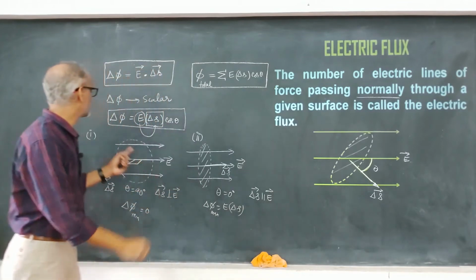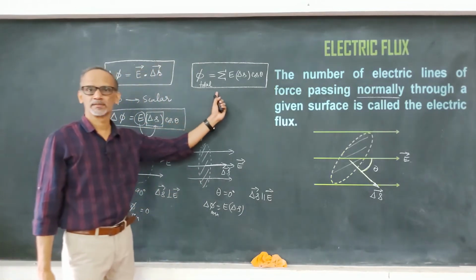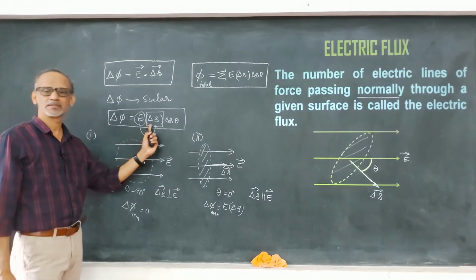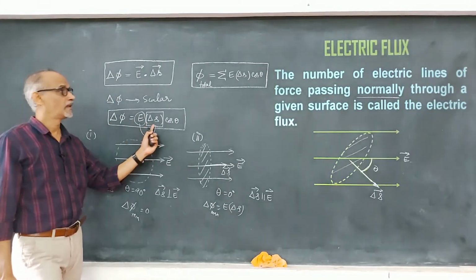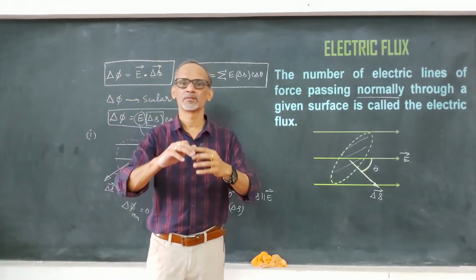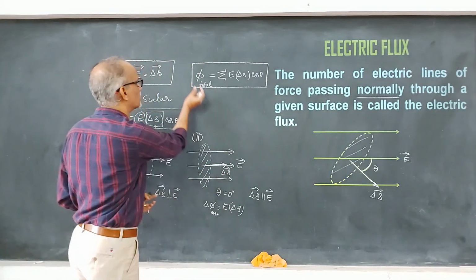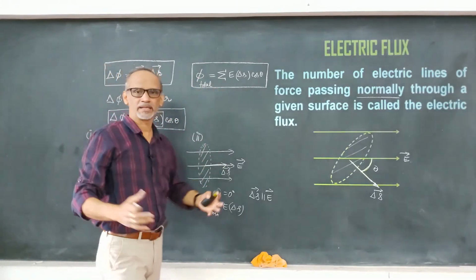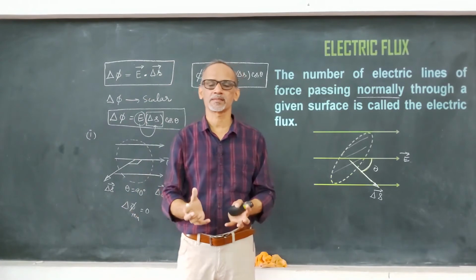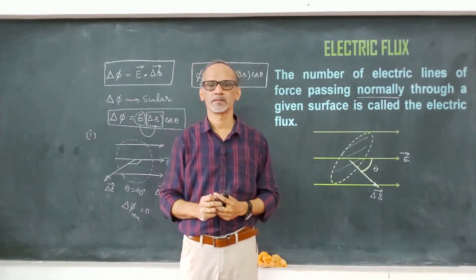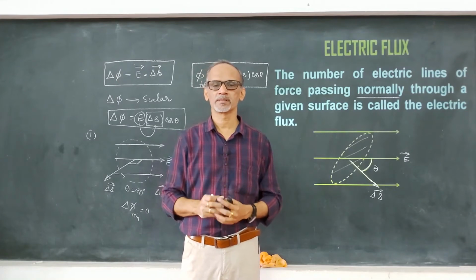So, the difference between this equation and this equation is that this is used to measure the flux through a small surface, and this is used to measure the total electric flux through the entire surface, phi total electric flux. Summation indicates adding all the flux that passes through the surface. So, hope you have understood the concept of electric flux.